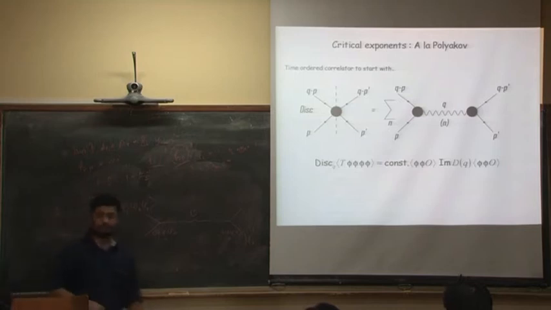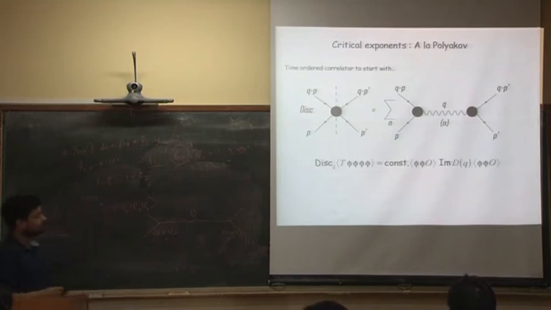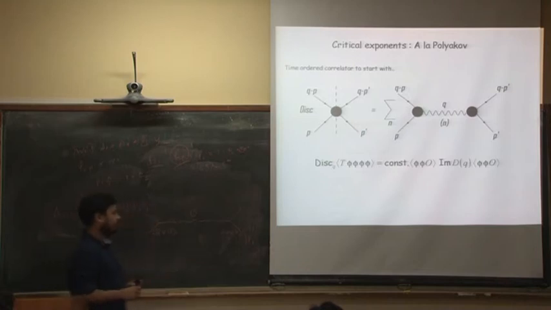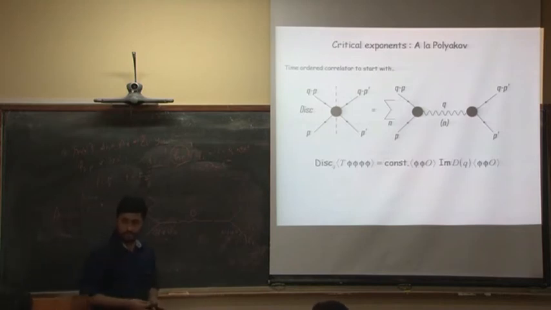So the discontinuous part factorizes in the following way. Sorry, this O is the thing that's running on shell. Yes, this is the O, some operator that is getting exchanged.